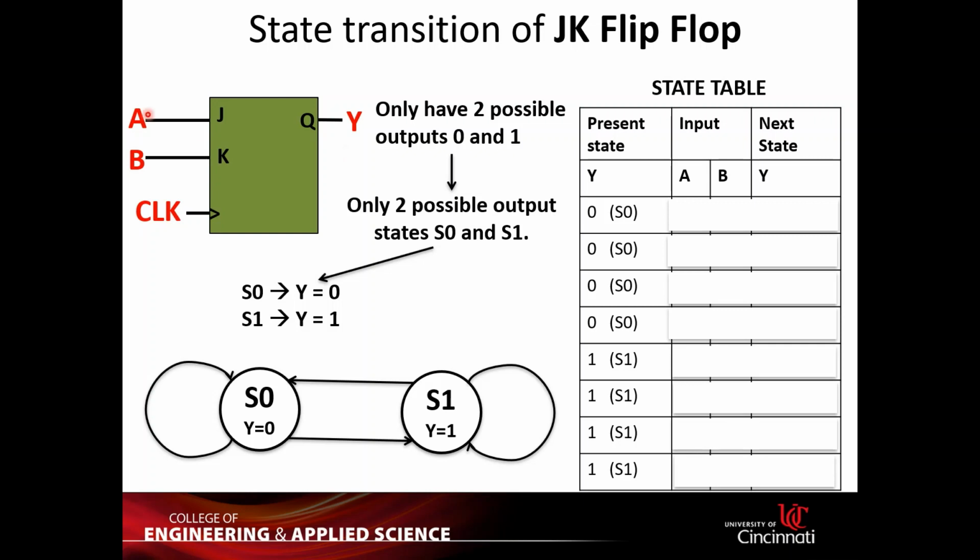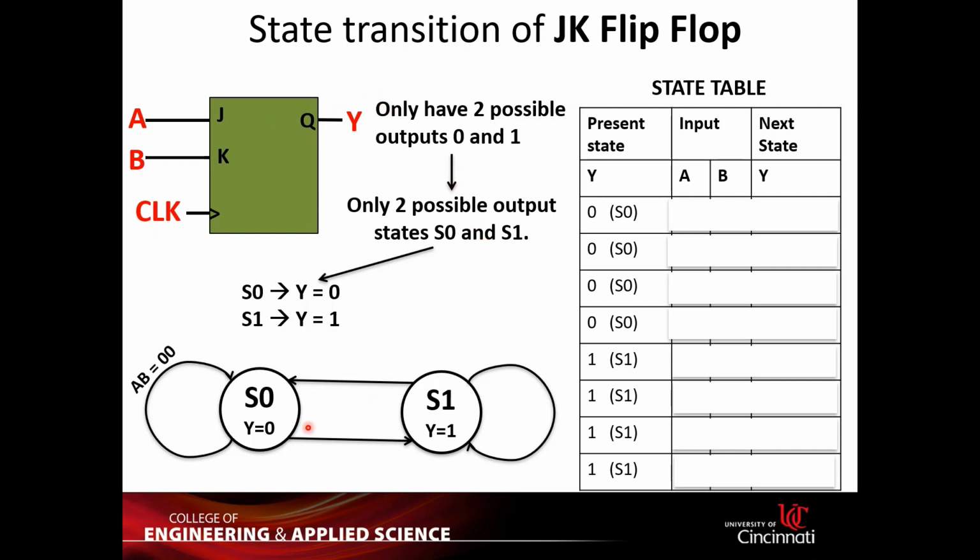If J equals 1 and K equals 0, Q will be outputted as 1, and if J equals 0 and K equals 1, then Q will become 0. So technically you can either hard assign the value of Q to be 0 or 1, or you can either flip or hold the value of Q in the next clock cycle.